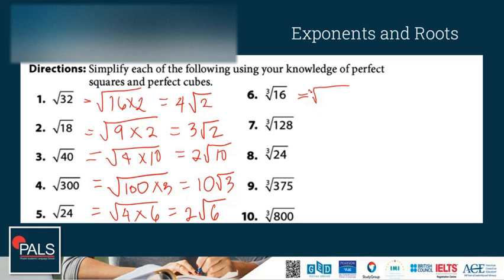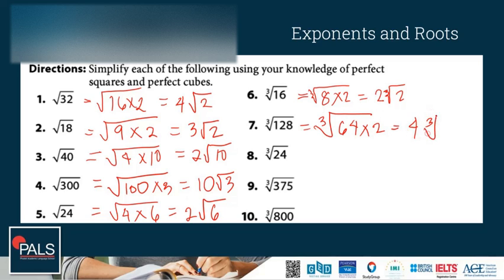So cube root of 8 times 2. Cube root of 8 is 2, so 2 cube root of 2. Then number 7, 128 is cube root of 64 times 2. Cube root of 64 is 4, so 4 cube root of 2.